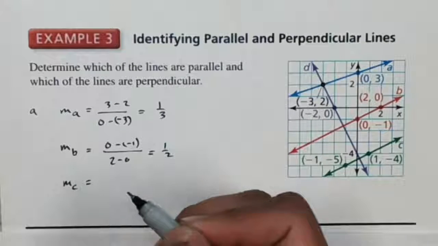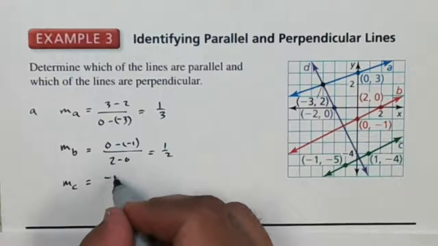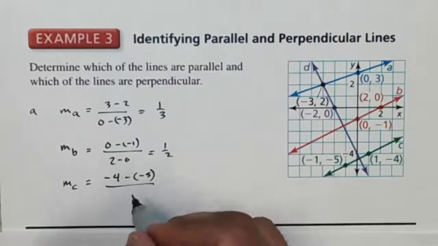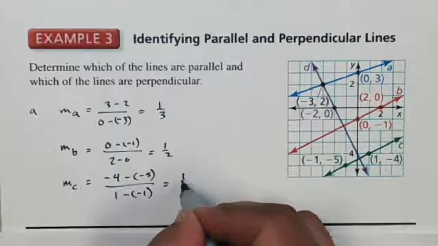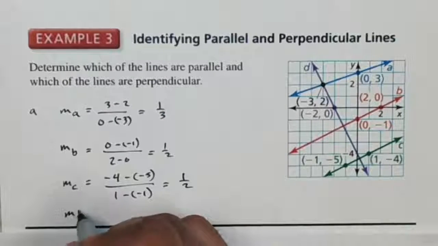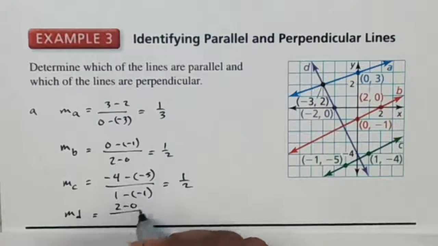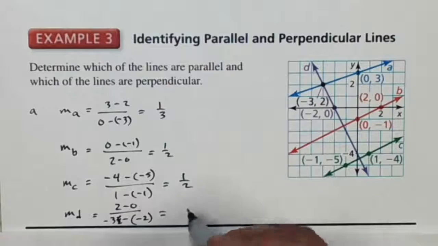The slope of C is -4 minus -5 over 1 minus -1, which reduces to 1/2. The slope of line D is 2 minus 0 over -3 minus -2, which comes out to be -2.